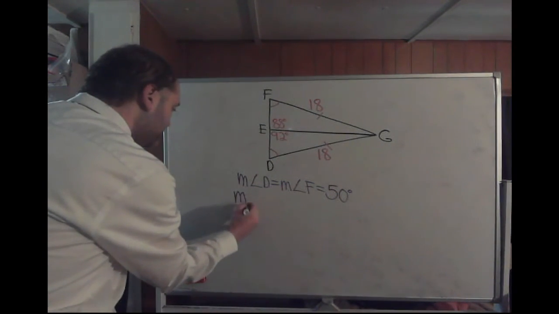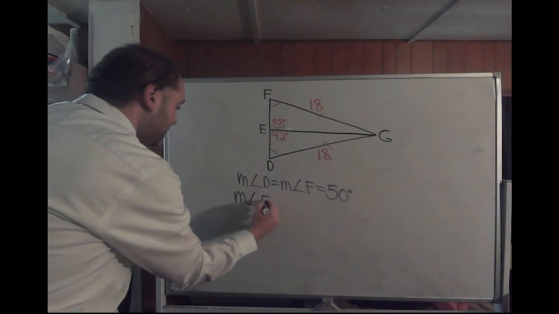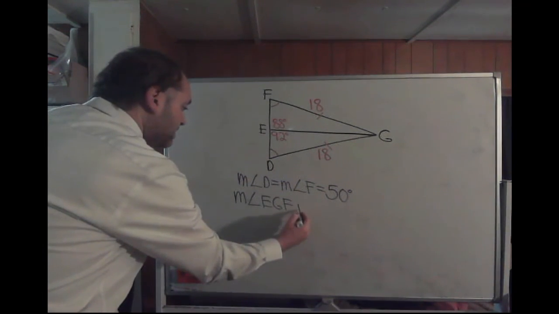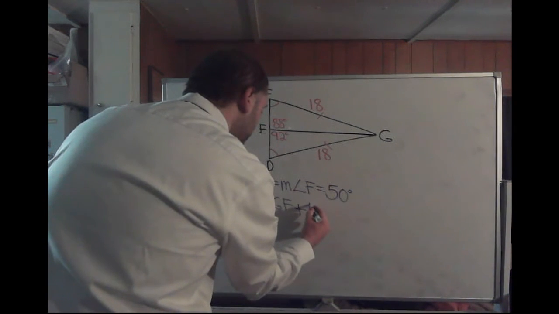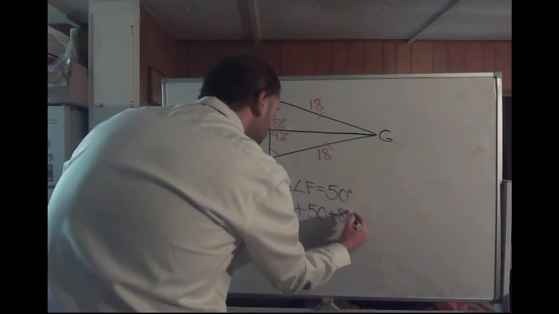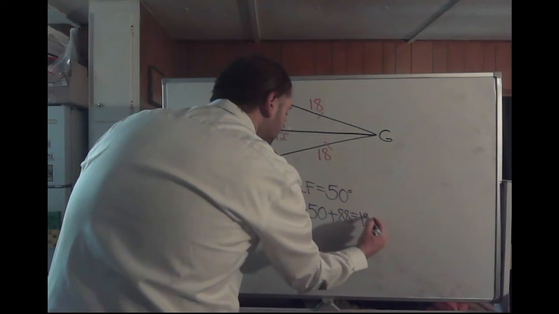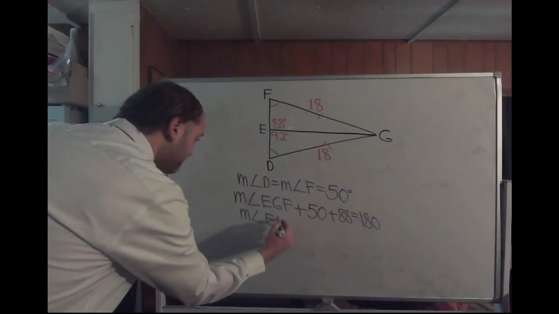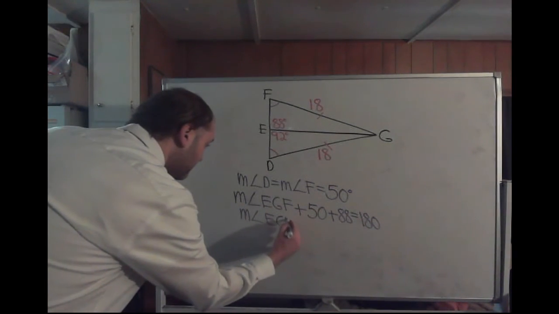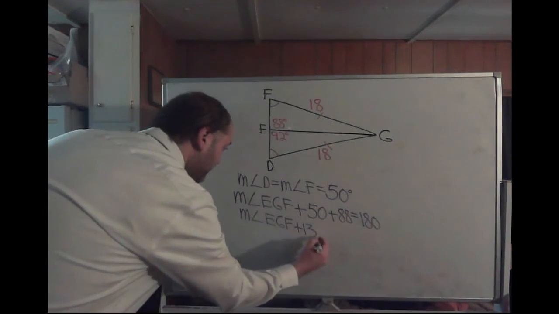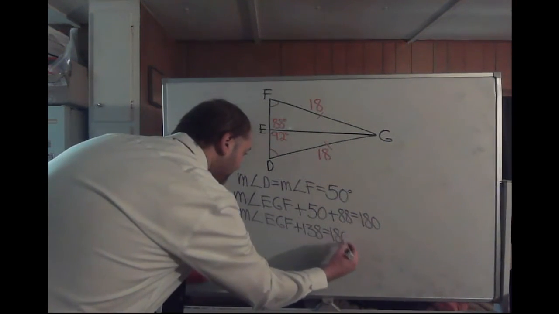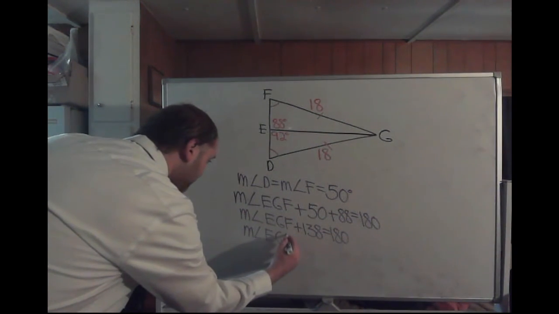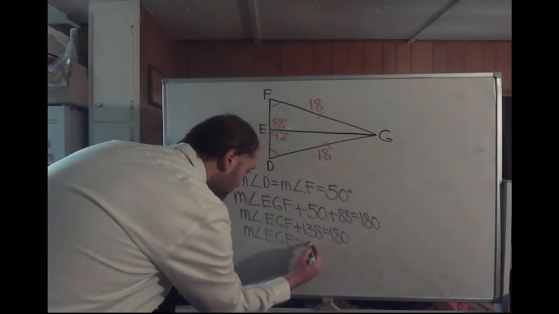So we can say that the measure of angle EGF plus 50 plus 88 equals 180, which would give you that the measure of angle EGF plus 138 equals 180, which would then give you that the measure of angle EGF equals 42.